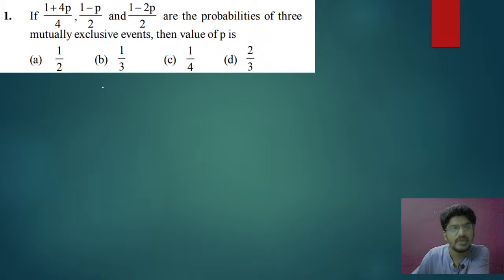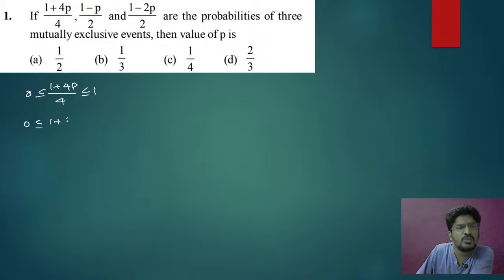No problem. Now let us take the first inequality: 1 plus 4p divided by 4 is greater than or equal to 0, lesser than or equal to 1. We have to simplify this. Multiplying by 4 on all 3 sides, this will be 0, 1 plus 4p, lesser than or equal to 4.